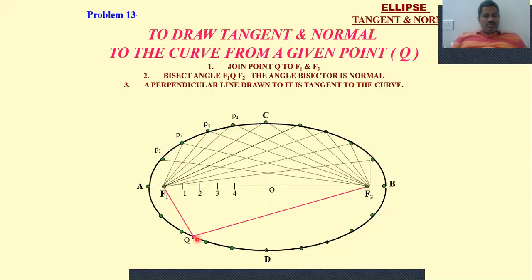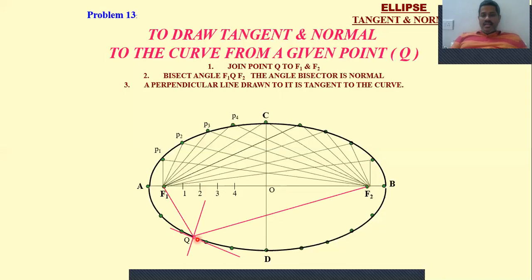After joining focal points F1 and F2 from this point, then draw angle bisector for F1QF2. After drawing this angle bisector, then draw a normal to this angle bisector from point Q like this.